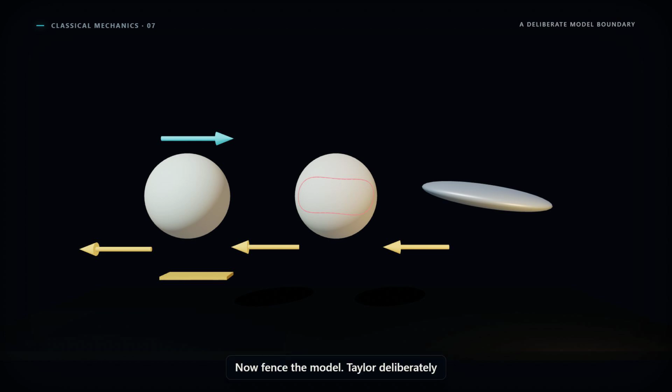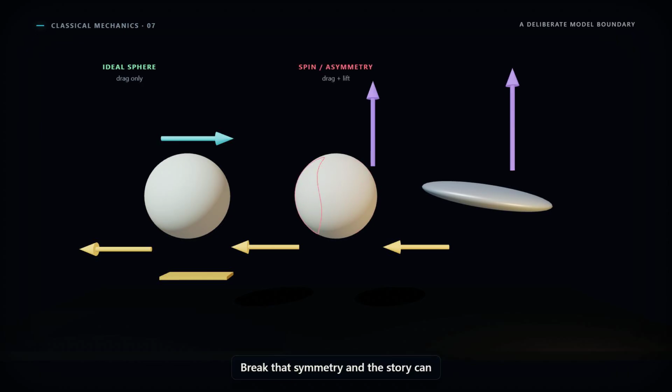Now fence the model. Taylor deliberately studies a spherical projectile that is not rotating. For an ideal smooth sphere, symmetry leaves no preferred sideways direction, so the aerodynamic force is drag alone, opposite the relative flow. Break that symmetry and the story can change.